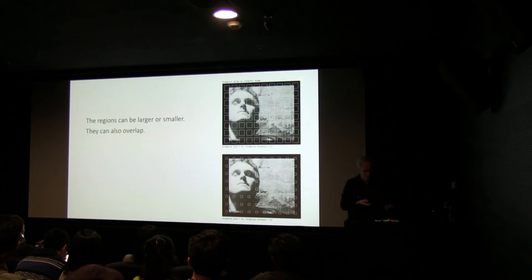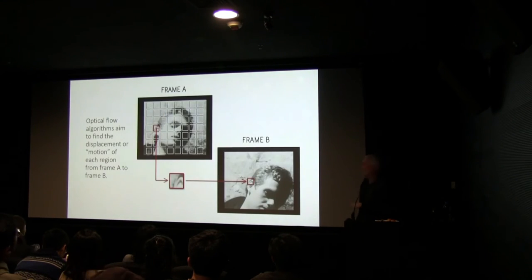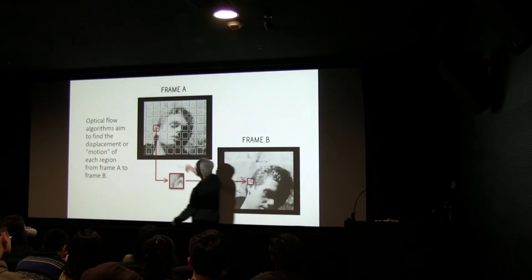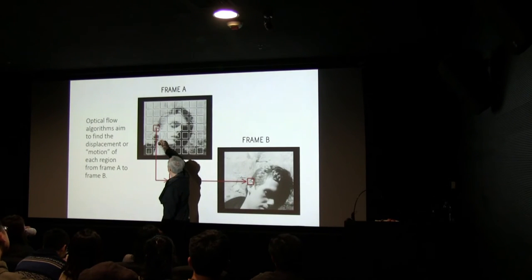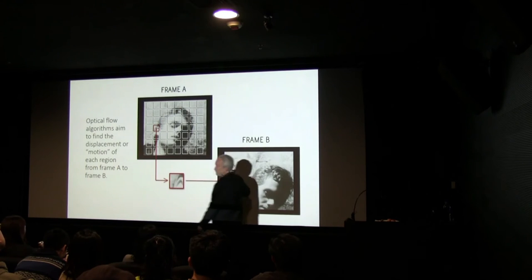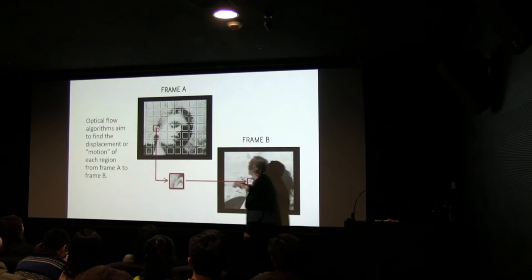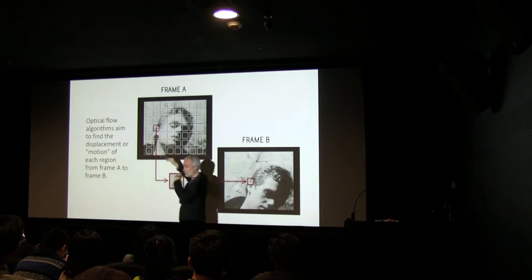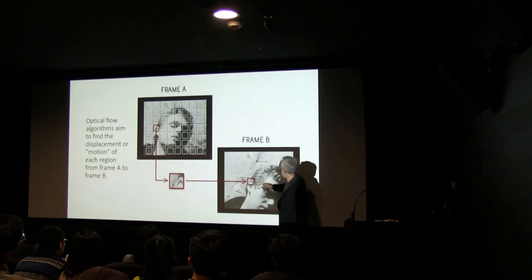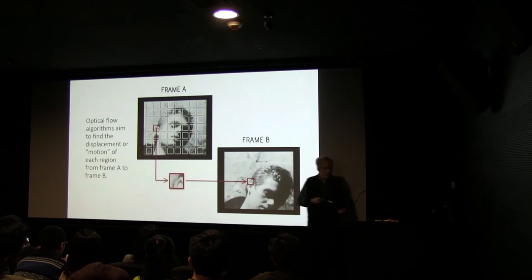There are different methods. And then we take every region and we try to locate the same region in the next frame in the movie. So here's a region which corresponds to the ear of this person, and we want to find the same region in the next frame.